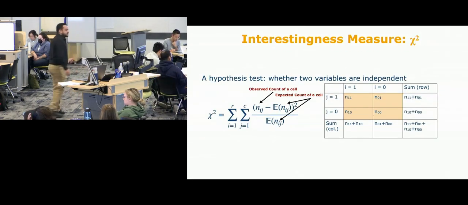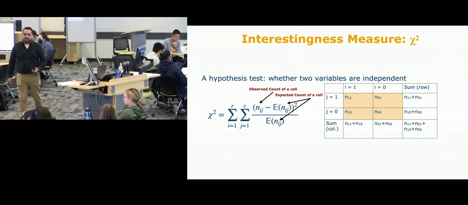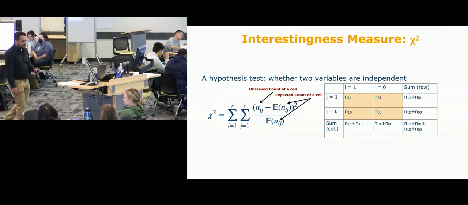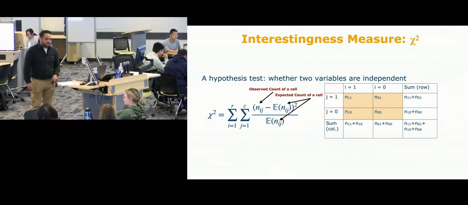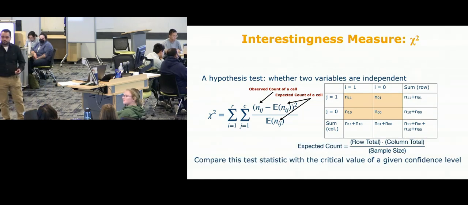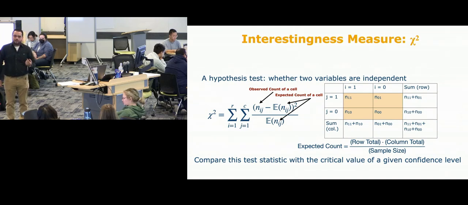Another interestingness measure is the chi-squared hypothesis test. This is a hypothesis test that you might have seen in your stats class. It's used to measure whether 2 variables are independent or not. It is computed with a simple calculation: we take the observed count of a cell and the expected count of the cell, square the difference, and divide by the expected number. How do we compute the expected count?